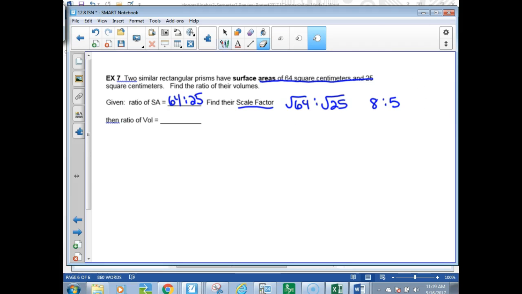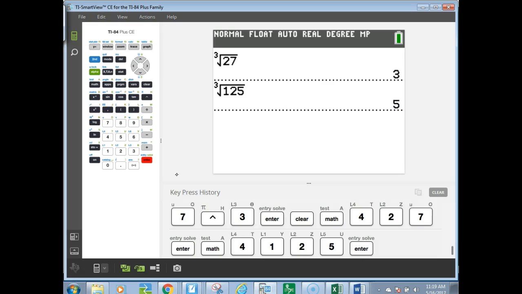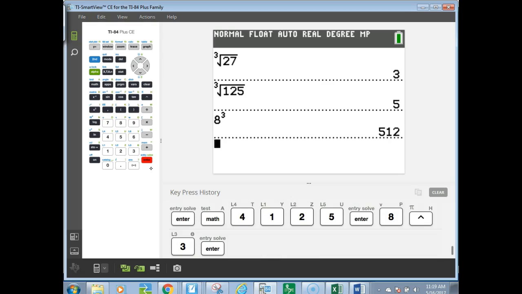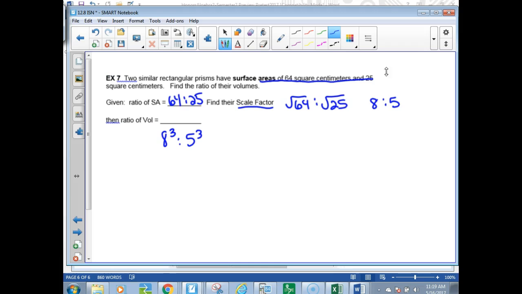Now, to find the ratio of the volumes, you have to get that scale factor, and then you have to cube it. So you go to your calculator if you don't know what 8 cubed is. 8 to the third is 512. What was the other one? 5 cubed, 125.